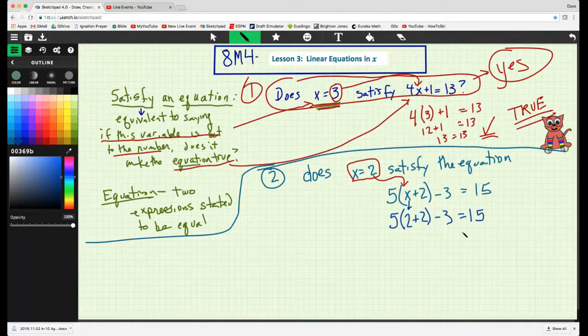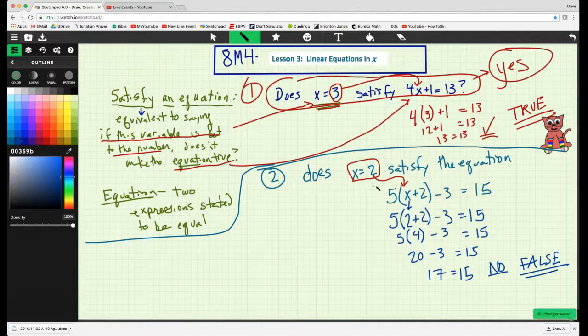The right side is just 15, and our left side is 5 times 4, we're just simplifying. 5 times 4 is 20, minus 3 equals 17. And we say 17 equals 15. Well, that's false. That is not true. So the answer is, does x equal 2 satisfy this equation? The answer is no, it does not, because if I substitute in x equal 2, I get a false statement.